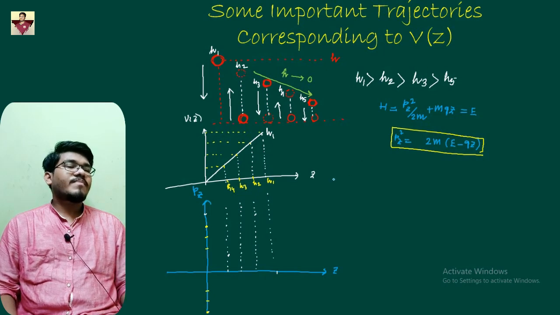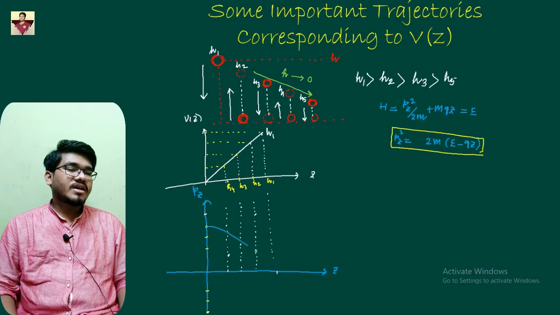Okay, again this will be a parabola, but the thing you need to remember, let's say the ball is thrown upward, so it will reach a height of say h1. So this is the h1 point, then it will come down the same height with equal momentum, obviously.